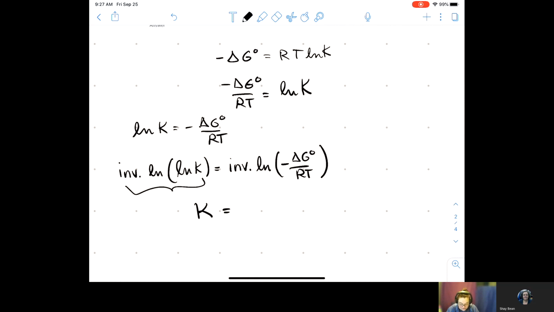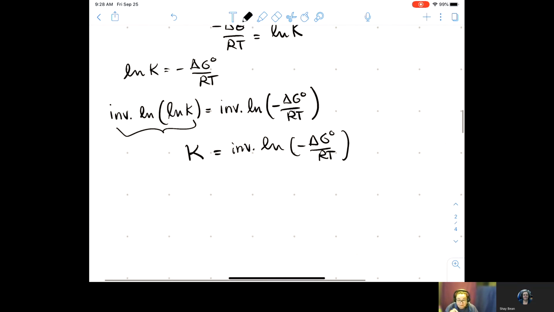So k equals the inverse log of negative delta G naught over RT. The inverse natural log is a button on your calculator. It is almost always the second function of the natural log, which is ln, which might look like "in" on your calculator, but it's not "in", it's ln, natural logarithm.